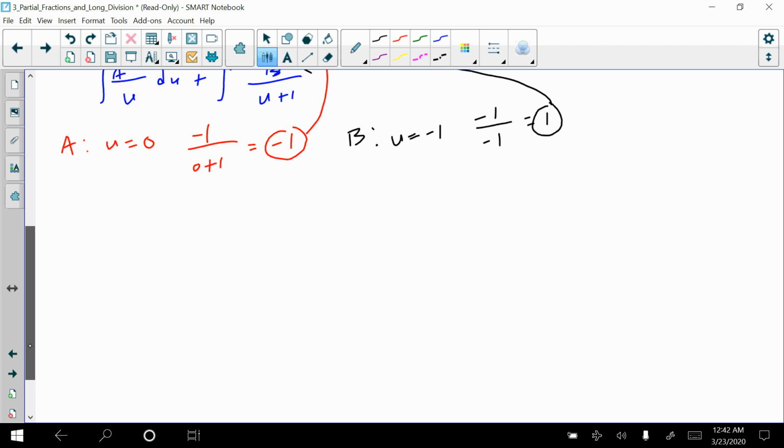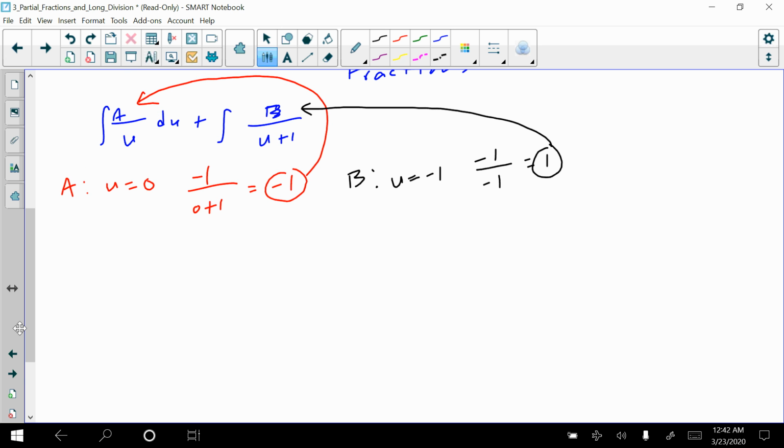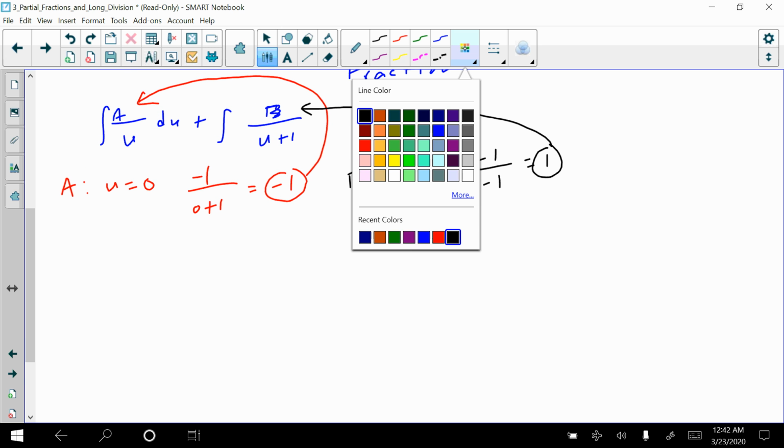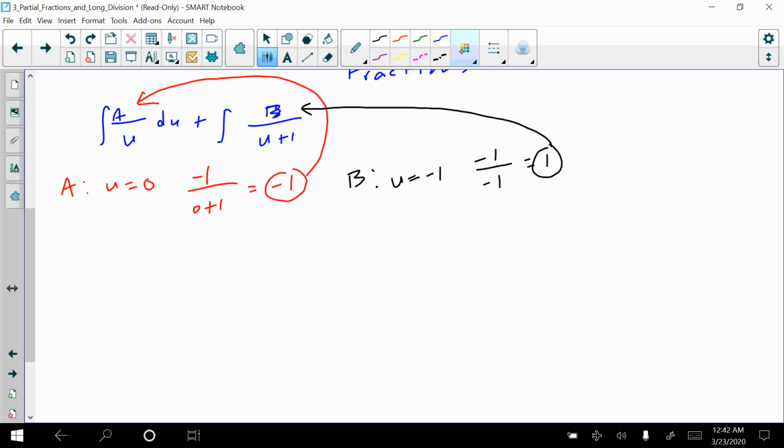So going back to my original color that I was working the problem out in, we're going to have the integration.